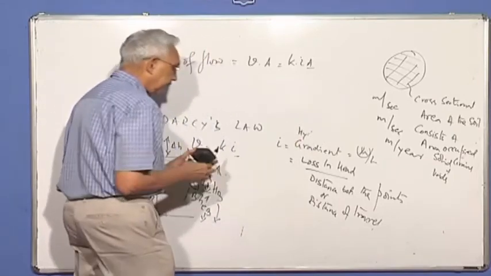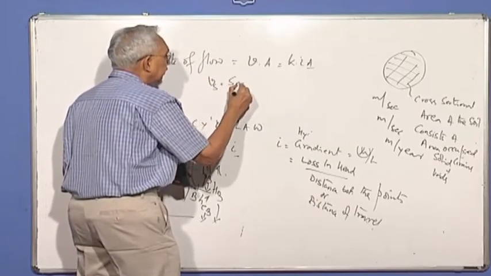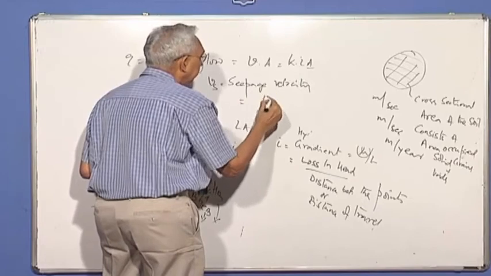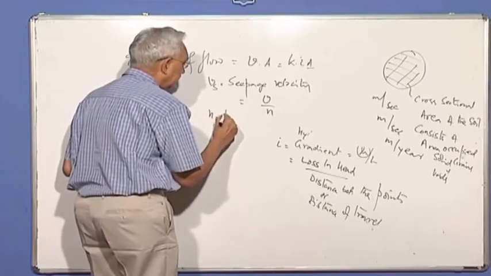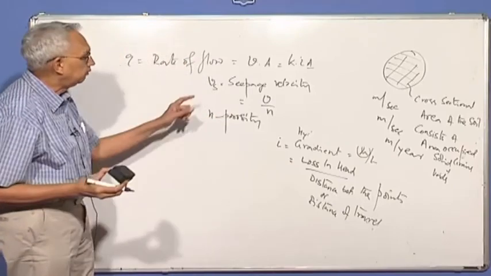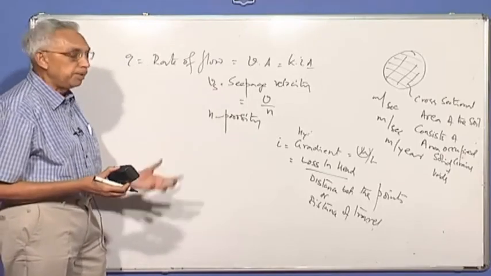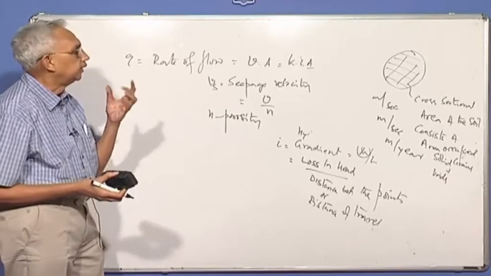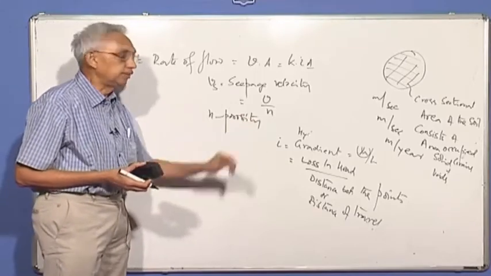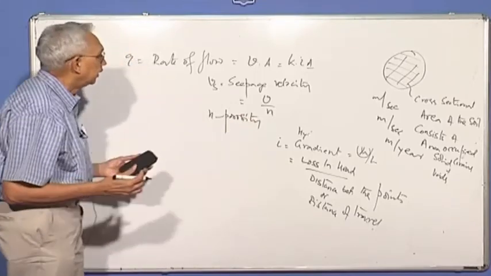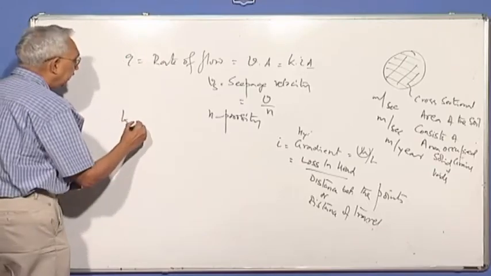That can easily be calculated, and Vs is called the seepage velocity, which is equal to this average velocity divided by n, which is porosity. So actually the seepage velocity will be higher because the porosity of the soil is always less than 1, maybe 0.4, 0.5, 0.6. So the actual flow velocity will be slightly more than the average velocity because of the term n, which is less than 1.